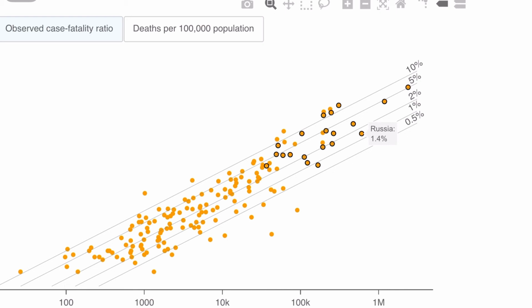This is also due to Russia taking a very, very rigorous and strict quarantine, imposing fines and even imprisonment sentences. This is the reason that you will see Russia's death per 100,000 population at 1.4%, just because they had a very strict approach to this whole coronavirus situation.